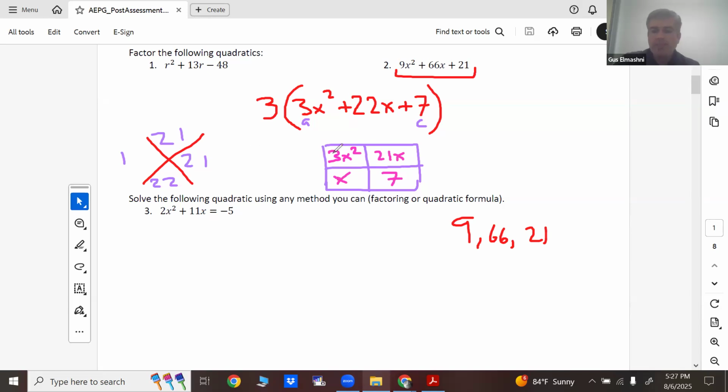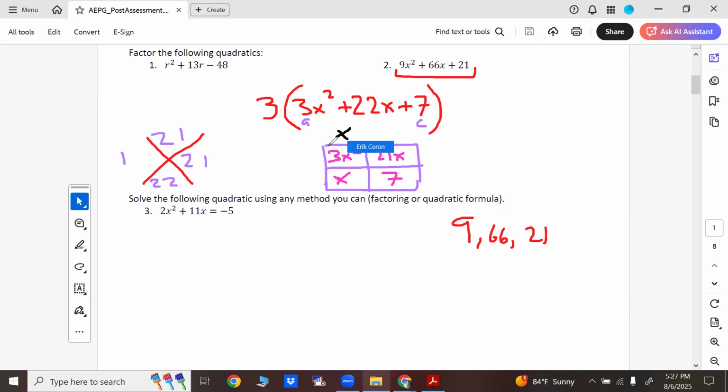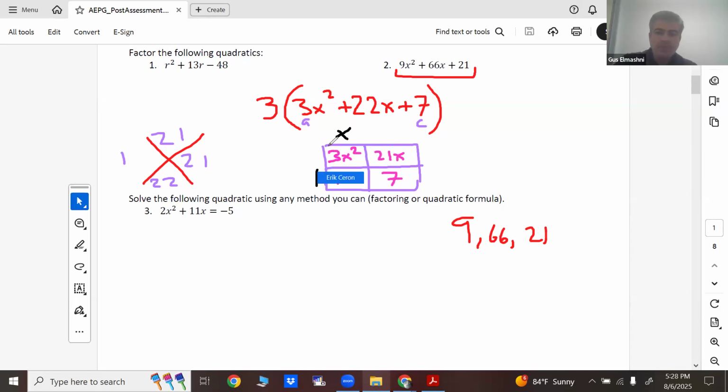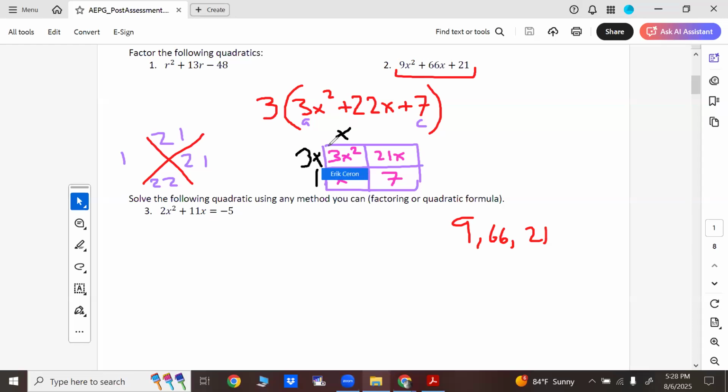We can pull out the first row. This is X. Sure, keep going. You're doing great. This is good. This is 3X. And this is 7.